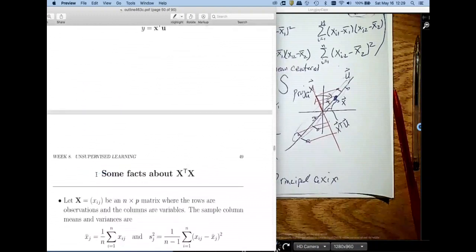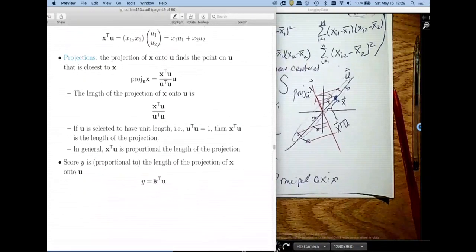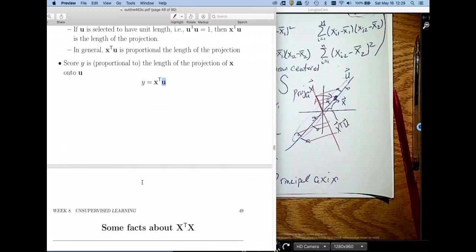Going back to the important result from the last lecture, these u's, where u is just a general basis vector, we're going to replace with the special one that we've estimated, the eigenvector. These are going to give us our principal component scores.